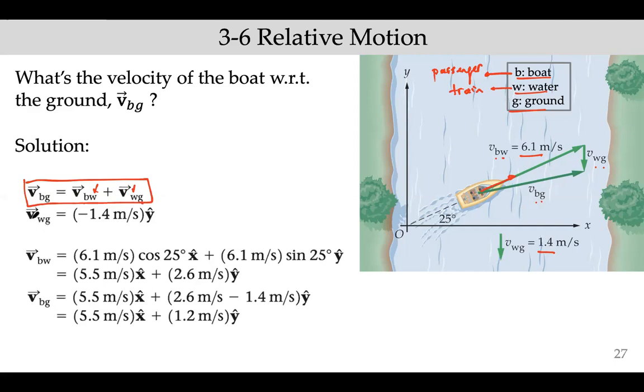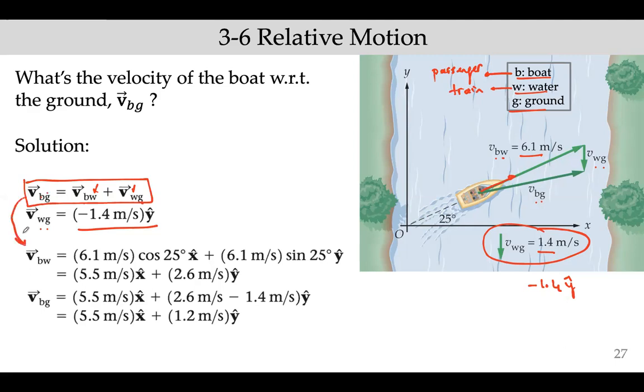Velocity of the water with respect to the ground, let's write it down algebraically. It's purely in the negative y direction, right? So it will be negative 1.4 y hat, which we have here. Now we can calculate the velocity of the boat with respect to the ground.